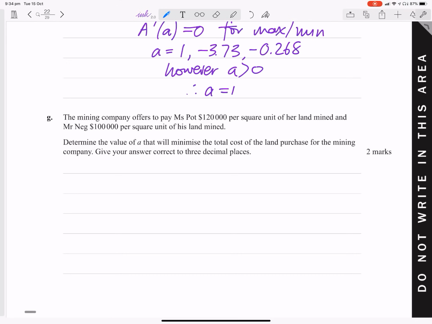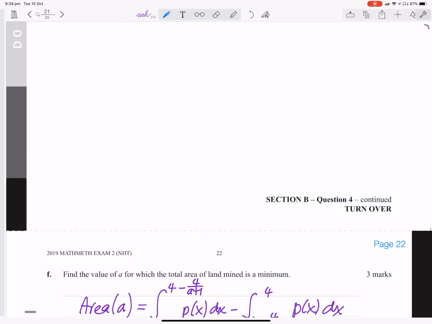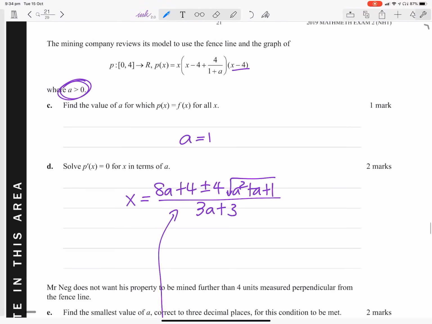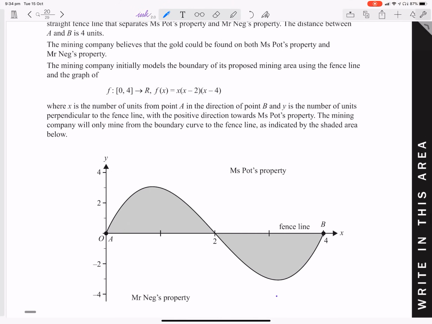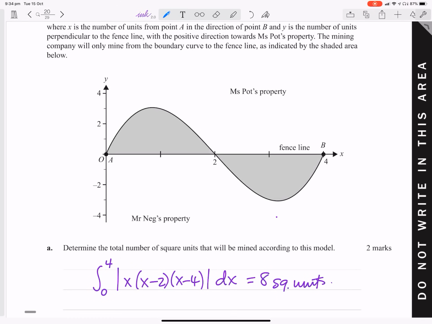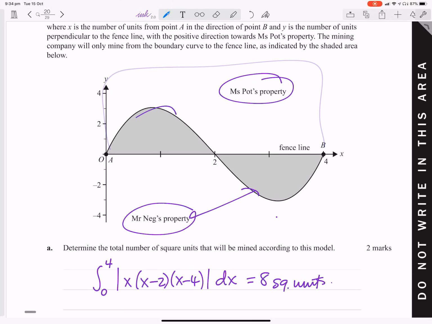So they pay Mrs. Potts twice as much, and she's the first area. Is she? Mrs. Potts, she's the first area. It's so confusing. So she's on this side, so that's her land.